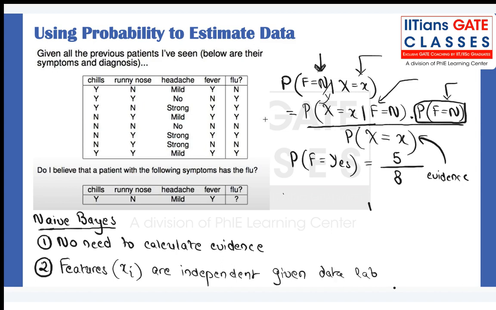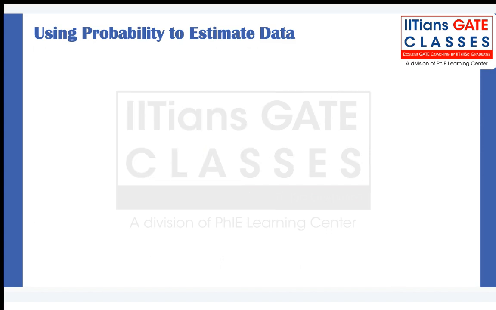What it means is P of x given any y is nothing but the product, the product sign of i equal to 1 to d, the dimensionality of the data, of P of x_i, the small x of i, given y.